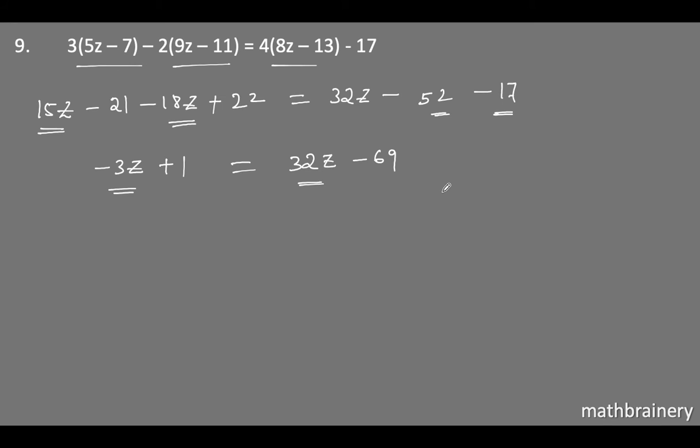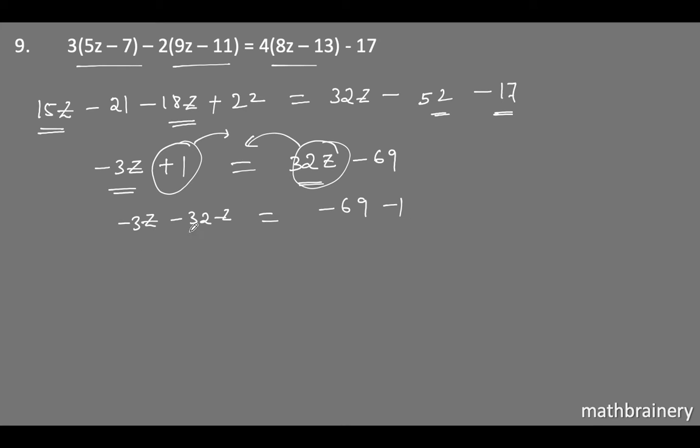So let's bring all variable terms to one side and all constant terms to the other side. So if you have minus 3z, if I transpose 32z to the left hand side, you get minus 32z. This is equal to minus 69, and when you transpose this 1 to the right hand side, you get minus 1.